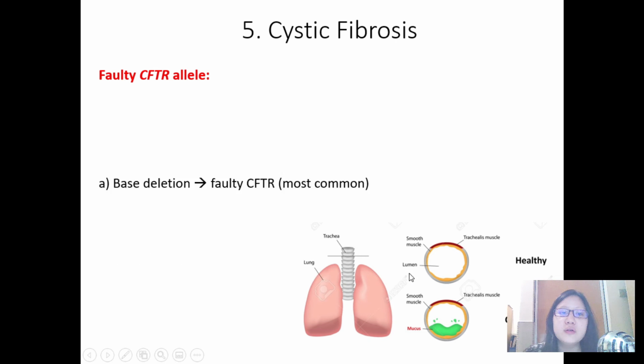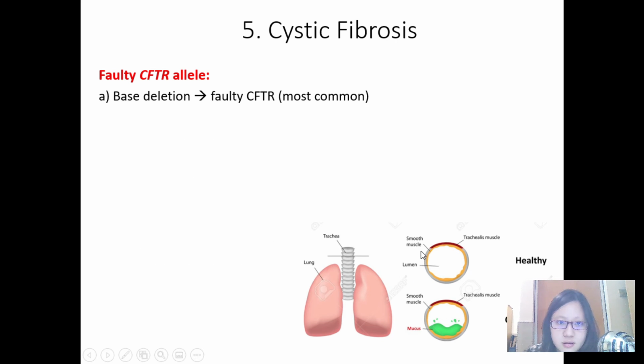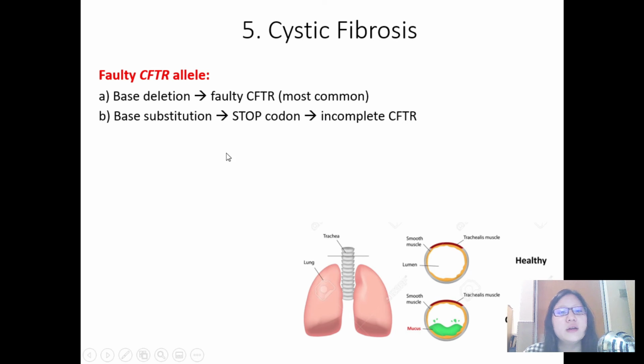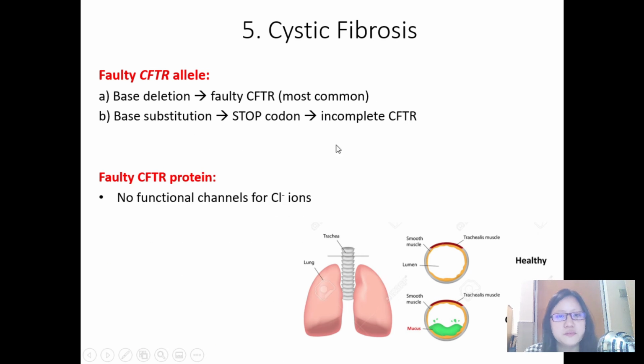But in a faulty CFTR allele, there's a base deletion. Okay, that's the most common one, or maybe a base substitution, causing an incomplete CFTR. And this results in a faulty CFTR protein.